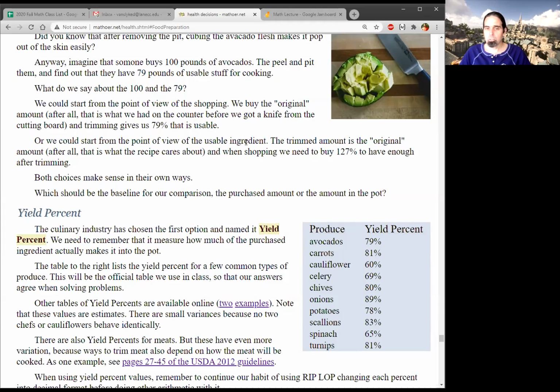Both of those options would make sense. There's nothing about real life or grammar or math that makes the shopping count as original, or the recipe amount count as original, more meaningful.